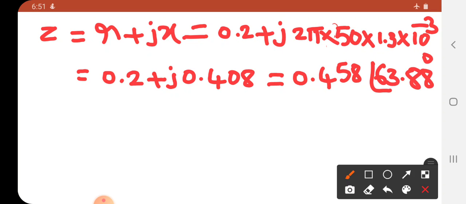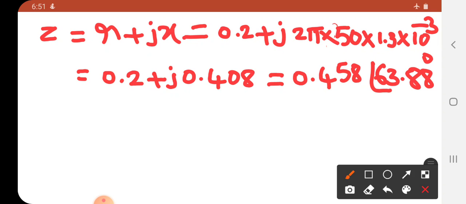Okay, then what is shunt admittance? Shunt admittance, small r indicates resistance per phase per kilometer because he did not give the value of the length, and he mentioned the following parameters per kilometer.